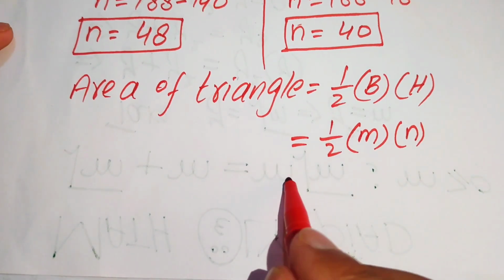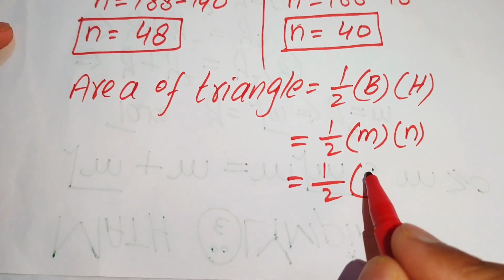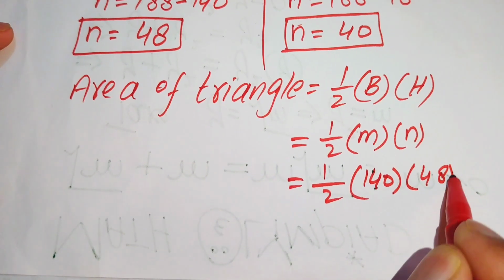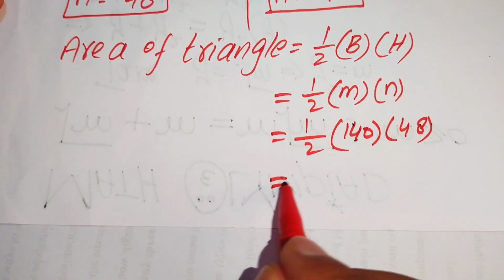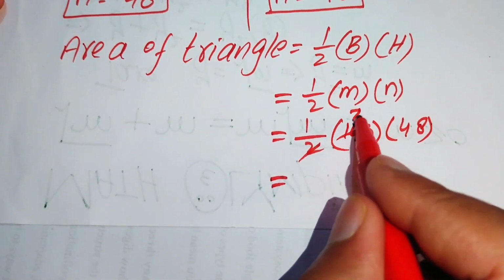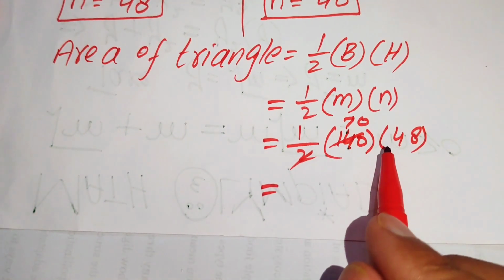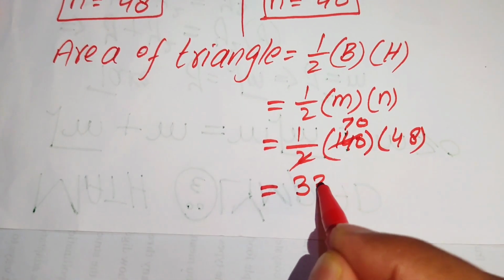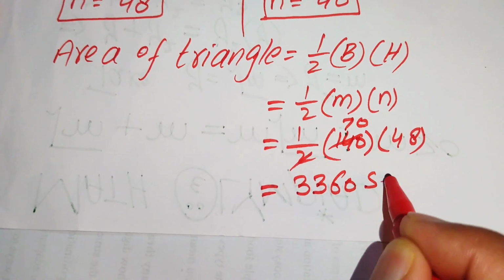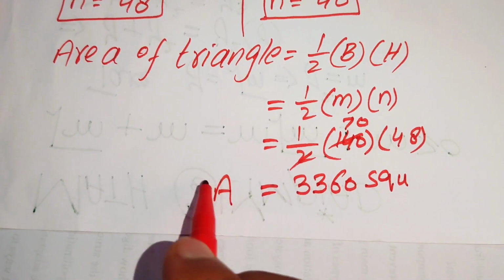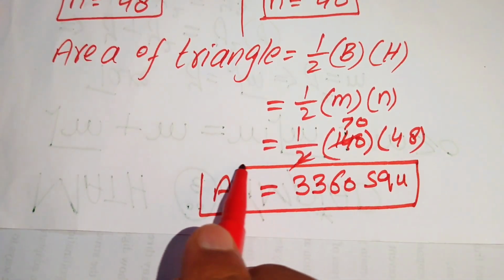So here we just choose the value of m as 140 and the value of n as 48. Here we cancel these terms, so 2 7s are 14 and 0. When we multiply 70 by 48, you get 3360 square units. So this is the area of the given triangle, and this is the final answer.